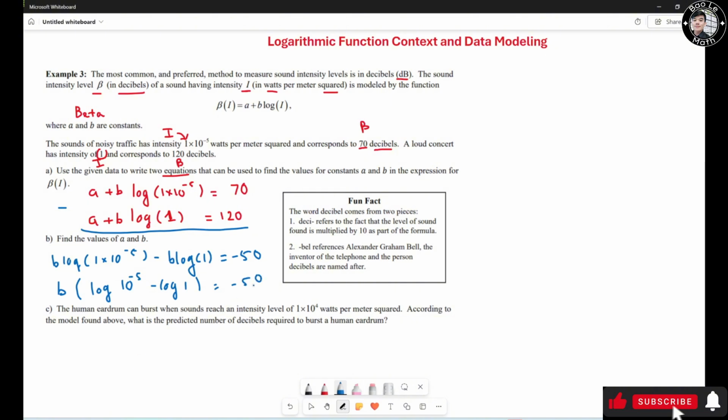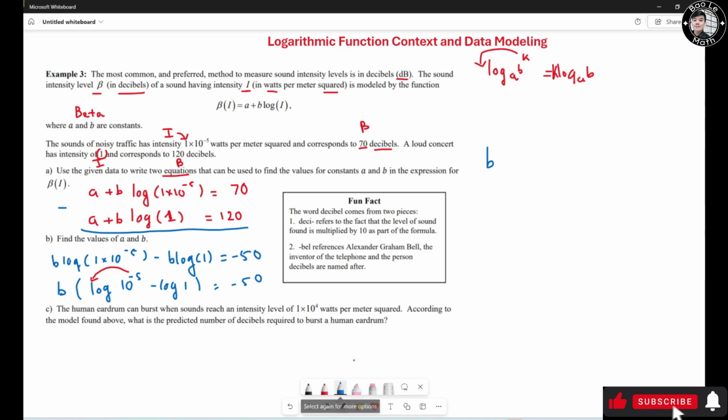Now I'm going to simplify this further. So it turns out to be b, negative 5, I bring it to the front, right? Because I'm going to use the formula log base a of b to the power of k. You can bring k to the front. It's going to be k log base a of b.